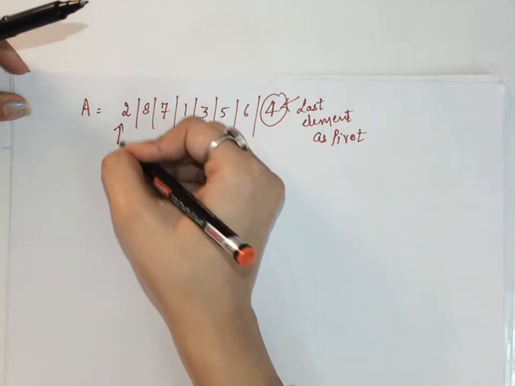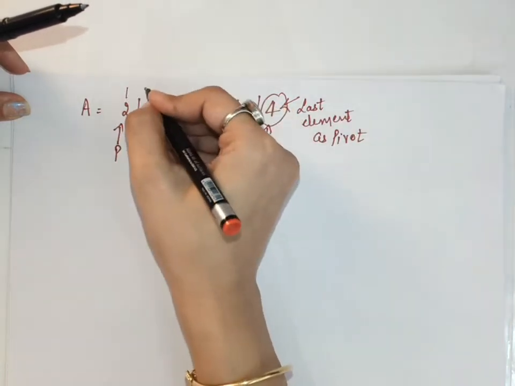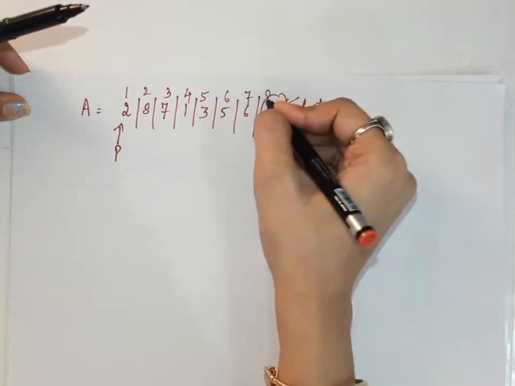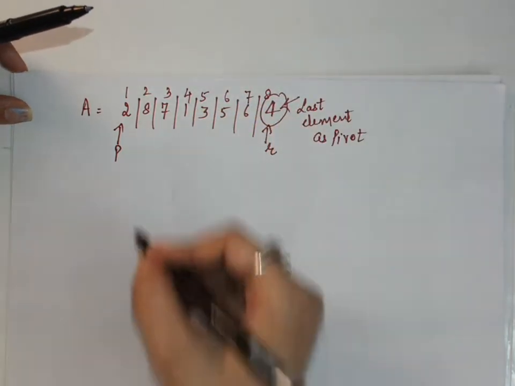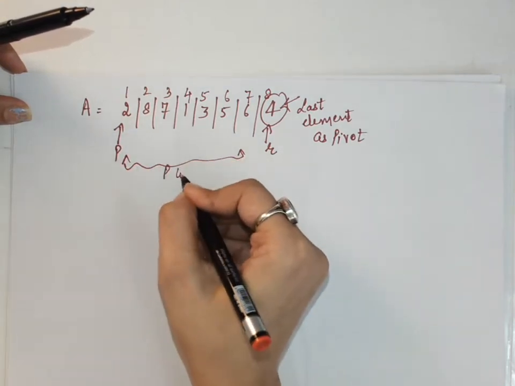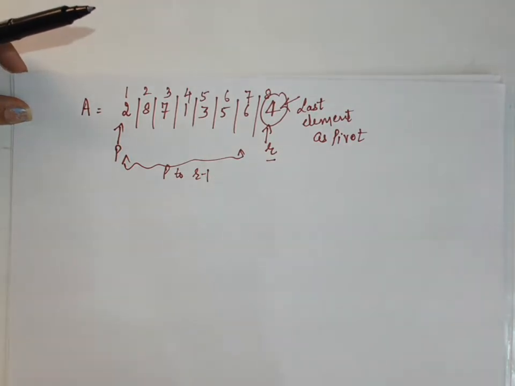This is your initial index, this is your last index. I have numbered my array indexes 1, 2, 3 up to 8. Now here the loop will run from p to r minus 1. Why r minus 1? Because I have considered the last element as a pivot element.